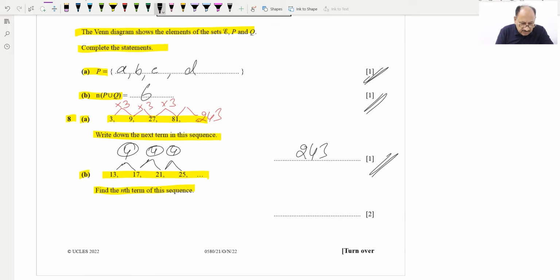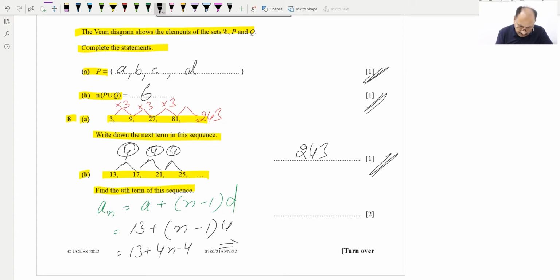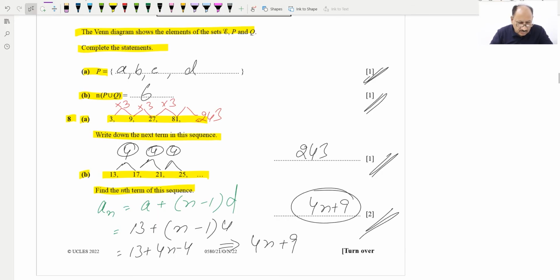We apply the formula Tn equals a plus n minus 1 times d, where a is the first term, which is 13. So 13 plus n minus 1 times the difference, 4. We can write this as 13 plus 4n minus 4, which simplifies to 4n plus 9, and 4n plus 9 is our final answer for 2 marks. Hopefully you understood this.